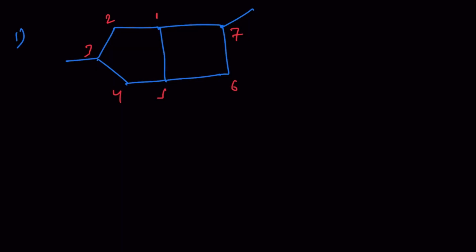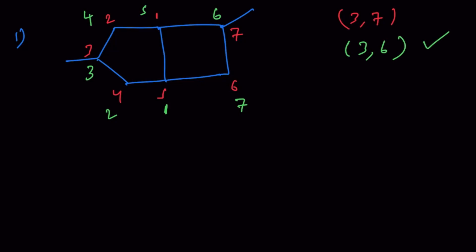If we do the numbering this way, then the methyl groups are coming at 3 and 7. But how about if we start numbering from here and then go clockwise 1, 2, 3, 4, 5, 6, 7. Now the methyl groups are coming at 3 and 6 positions, and therefore this is correct.